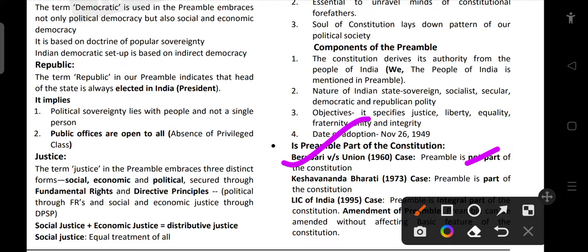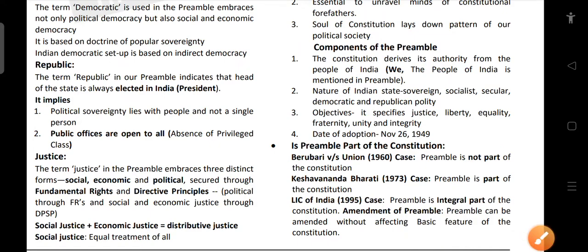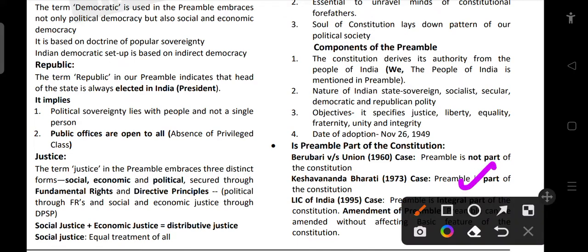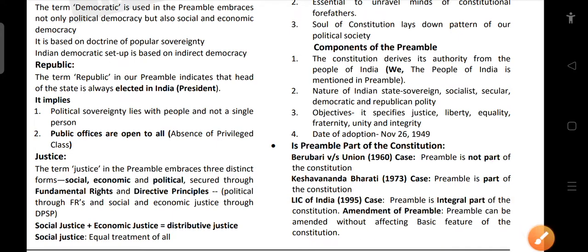In the Kesavananda Bharati case, 1973, the Supreme Court held that the preamble is a part of our constitution. And in the LIC of India case, 1995, the Supreme Court again held that the preamble is an integral part of our constitution. So the final judgment is the LIC of India case.